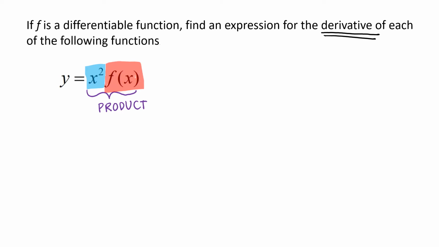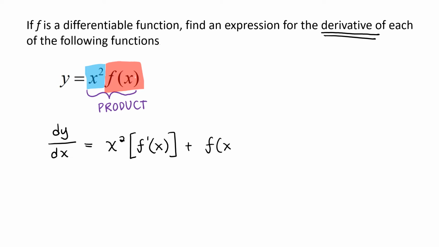The derivative of y with respect to x is denoted as dy dx. So that's just the derivative of y. And this will be equal to the first function, x squared, times the derivative of the second function, well, the derivative of f of x is f prime of x, plus the second function, f of x, times the derivative of the first function.